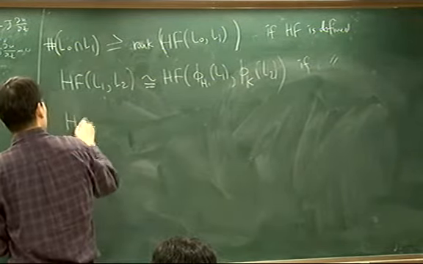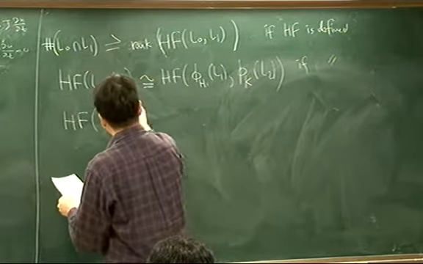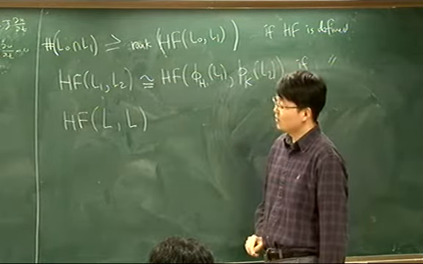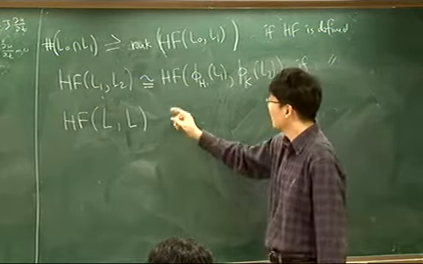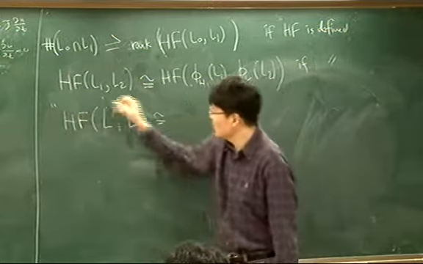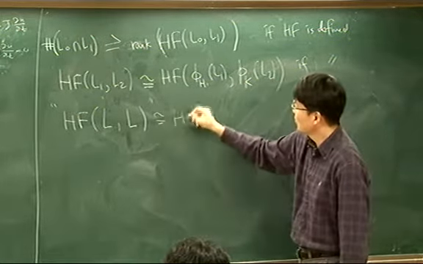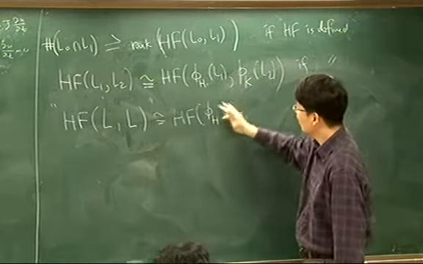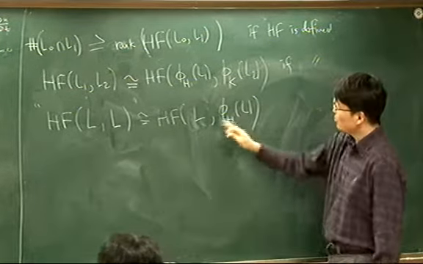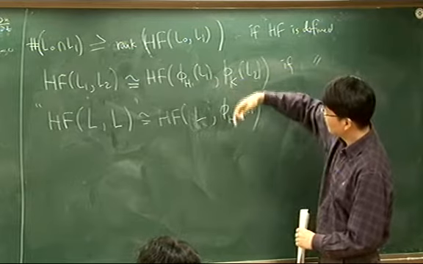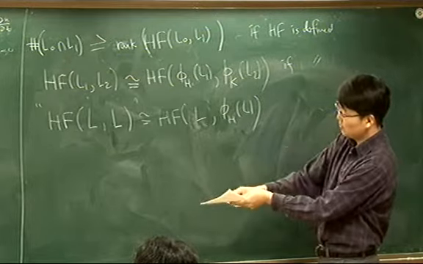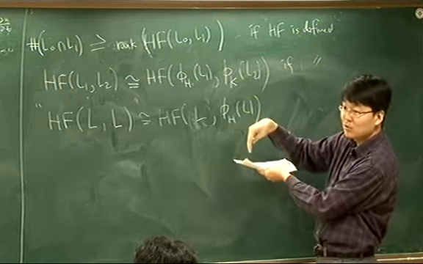And also, one might expect that this also makes sense, although they don't intersect transversely. So what is the intersection, right? But from the above, if this exists, it should be isomorphic to Floer homology of L and pH of L. So you can shift one of the Lagrangians by Hamiltonian isotopy, and when you have a Lagrangian, you can always shift it to another one which is transversal to itself.